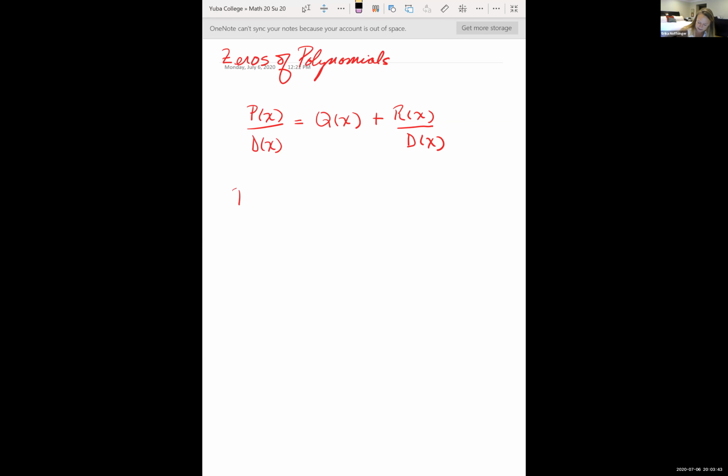P of X, what we're dividing into, is called the dividend. D of X is called our divisor. Q of X is our quotient. And R of X is our remainder.